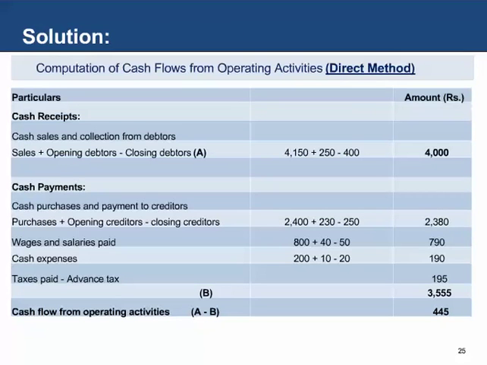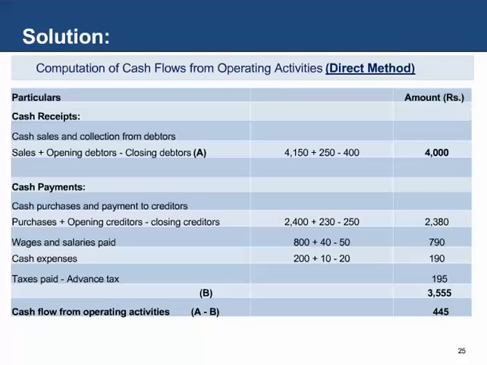Computation of cash flows from operating activities using the direct method. So basically in the presentation we'll make this kind of table having particulars and amount. We'll start with cash receipts. Cash sales and collection from debtors, which is sales plus opening debtors minus closing debtors. This is the way to calculate the cash sales and collection from debtors using the balance sheet item and the profit and loss item.